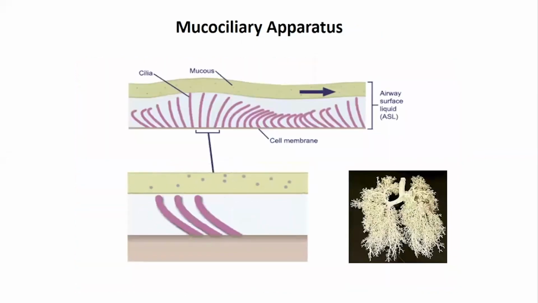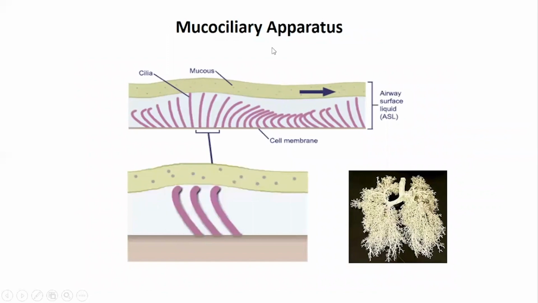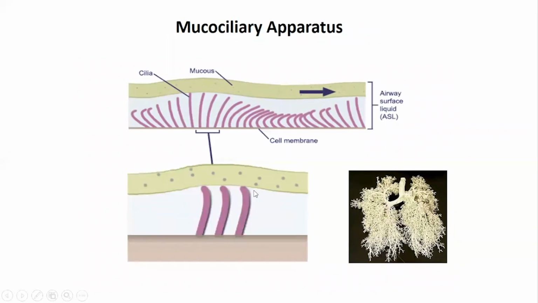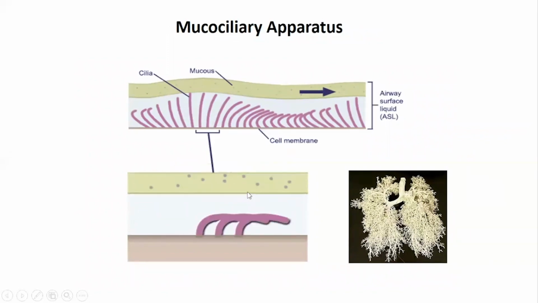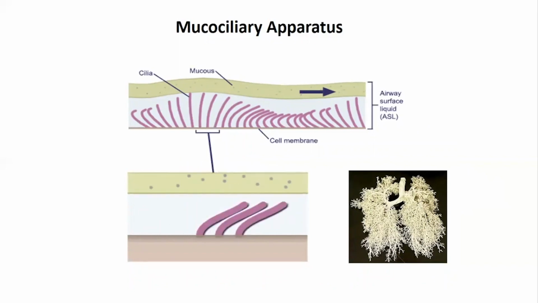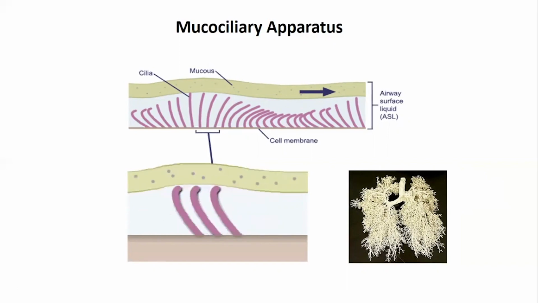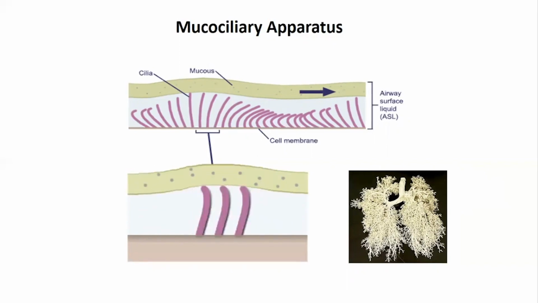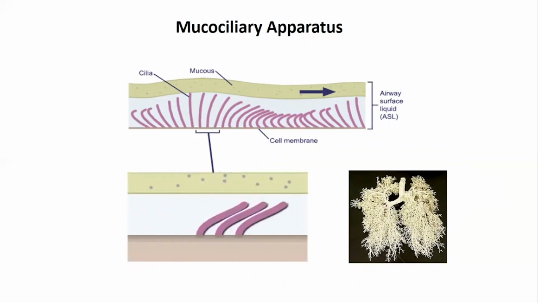Now, this is how the mucociliary apparatus is functioning. You see this swiping move in this area, which is actually the mechanism by which the secretions or excessive phlegm would be taken out from our lungs. Now, the mucociliary apparatus beats several times in a second so that it can be effective in doing its function.